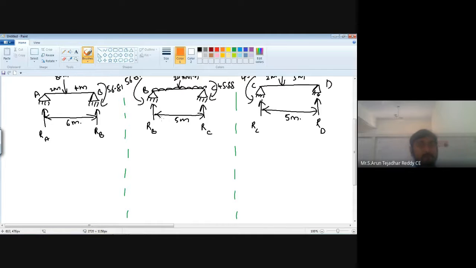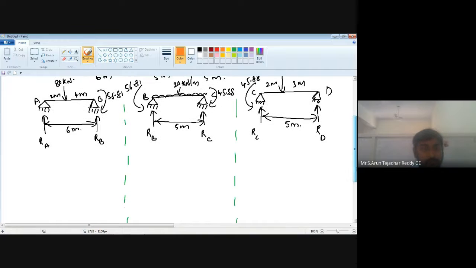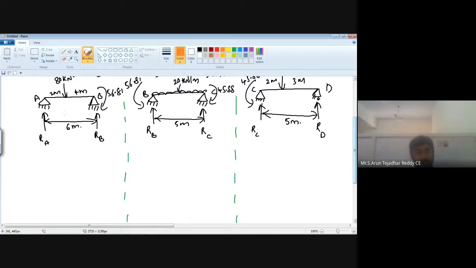See, first of all, the first diagram, that is A to B. Apply the equations of equilibrium here. First of all, I will apply summation of vertical forces is equal to 0. Already you know that all upward forces are taken positive, all downward forces are taken negative.